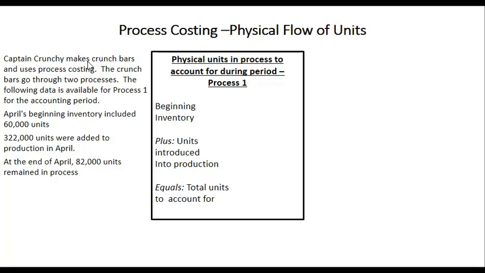The crunch bars go through two processes. The following data is available for process one for the accounting period. We can assume that when the crunch bar is completed with process one, it's going to then go into process two. But for our purposes in this example, we're only dealing with process one at this point. The information here says April's beginning inventory included 60,000 units.